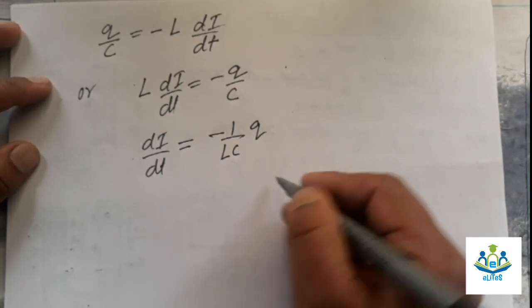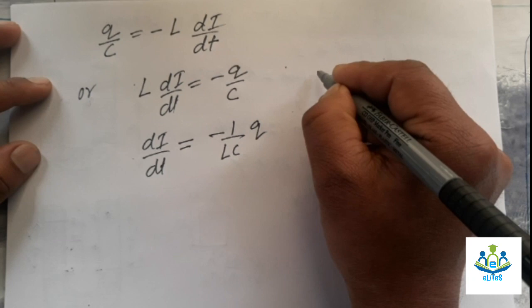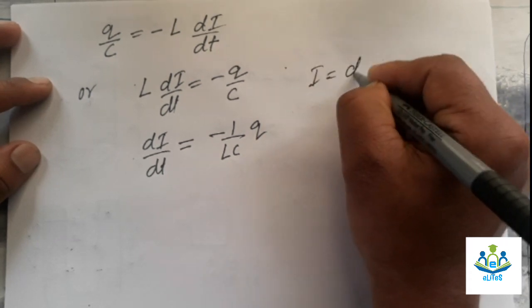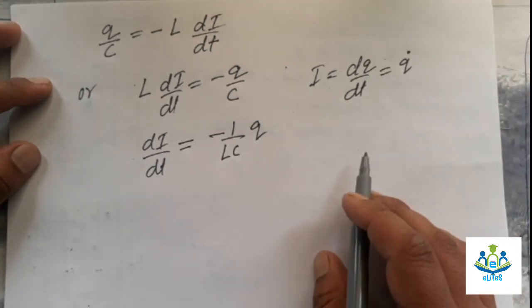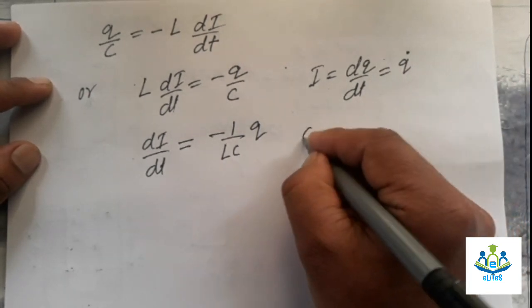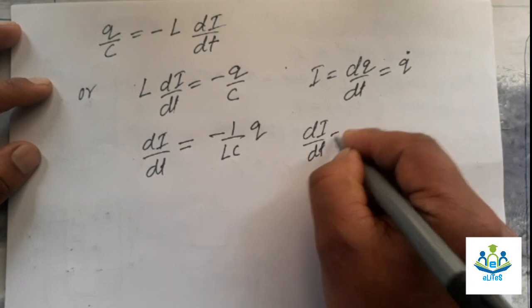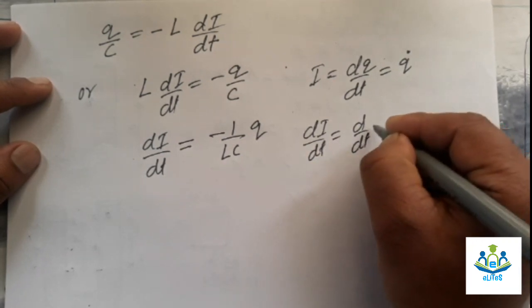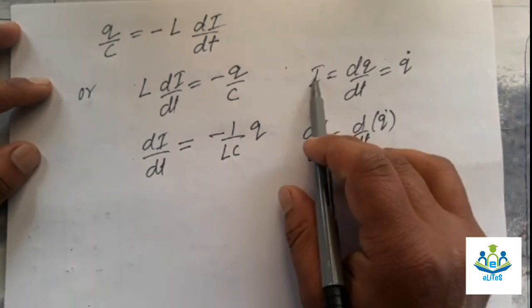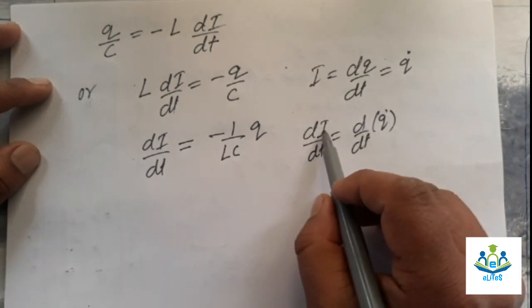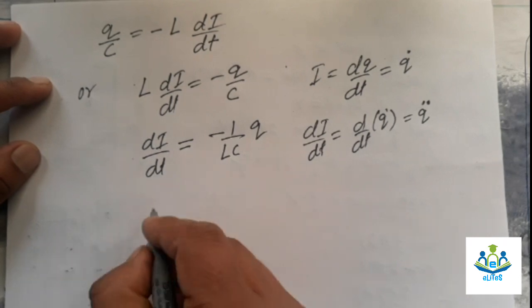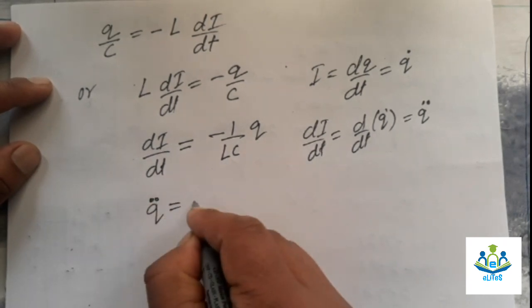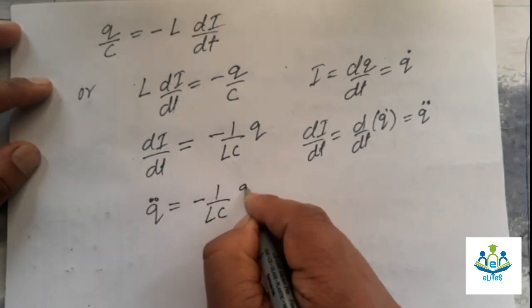But you know that the current is dq by dt. This can be written as q dot. Now di by dt is the differentiation of q dot, because I is q dot, so the differentiation of I is q double dot. So we can write q double dot is minus 1 by LC q.